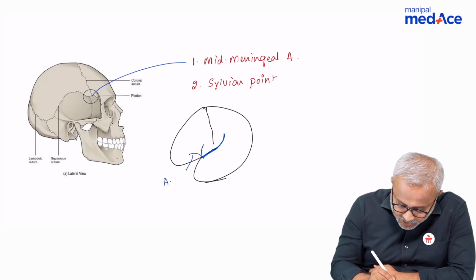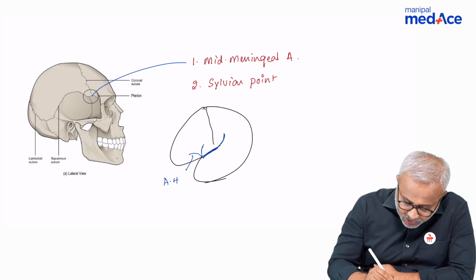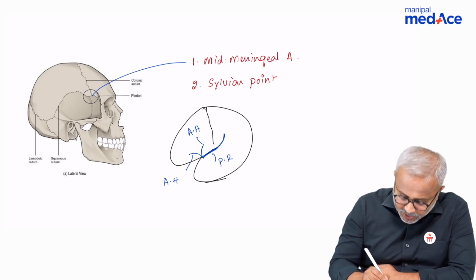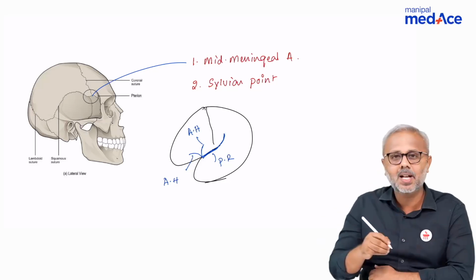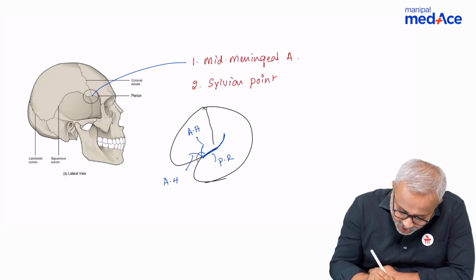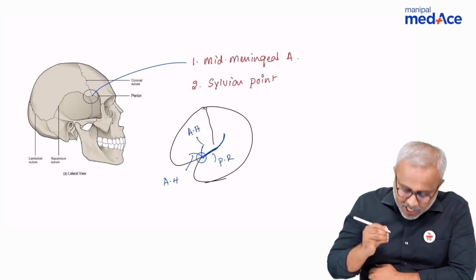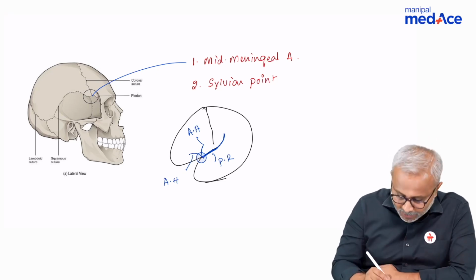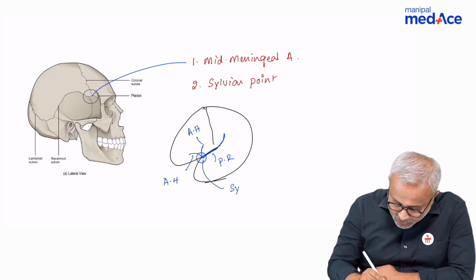So this is called as anterior horizontal, then we have anterior ascending, and this is called as posterior ramus. Okay, all are the small branches coming from lateral sulcus, and this region where the stem of the lateral sulcus splits into three rami, this is what we call as Sylvian point.